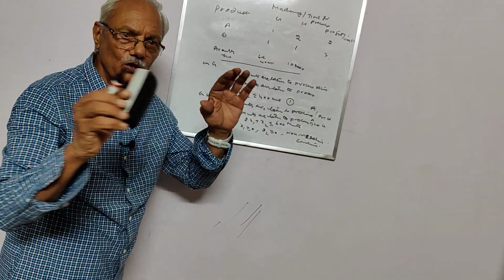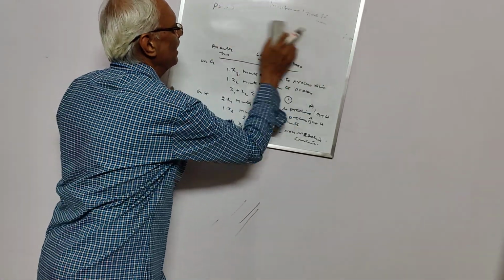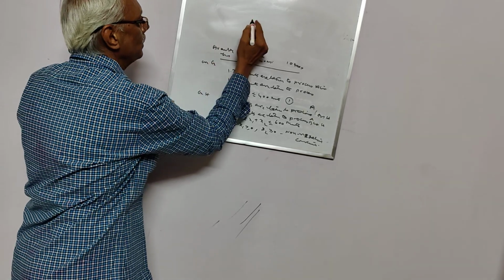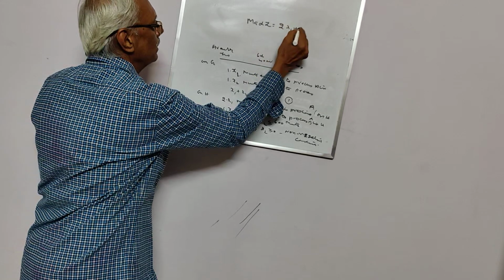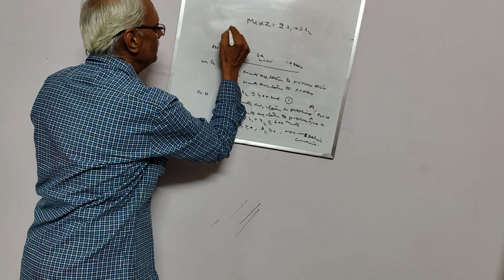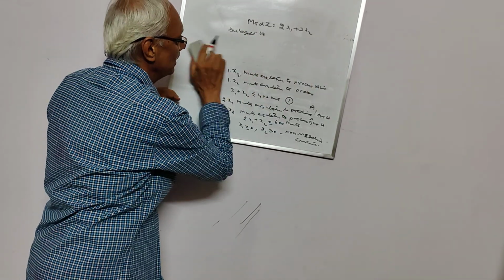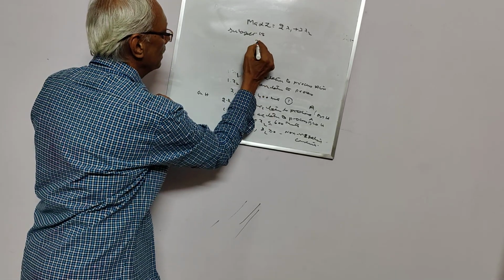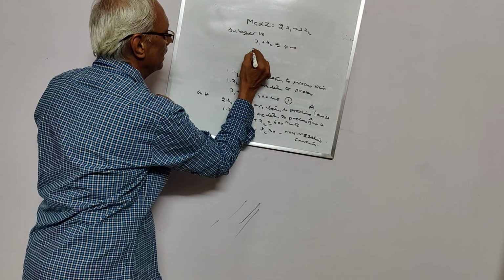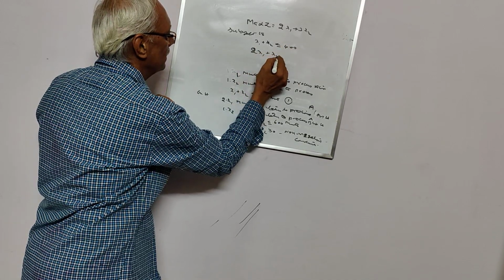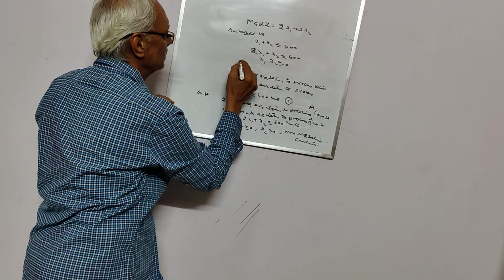Now let us put it in a nutshell, whatever we have got here. We have got: max of Z is equal to 2x1 plus 3x2, subject to the constraints x1 plus x2 is less than or equal to 400, 2x1 plus x2 is less than or equal to 600, and x1, x2 greater than or equal to 0.